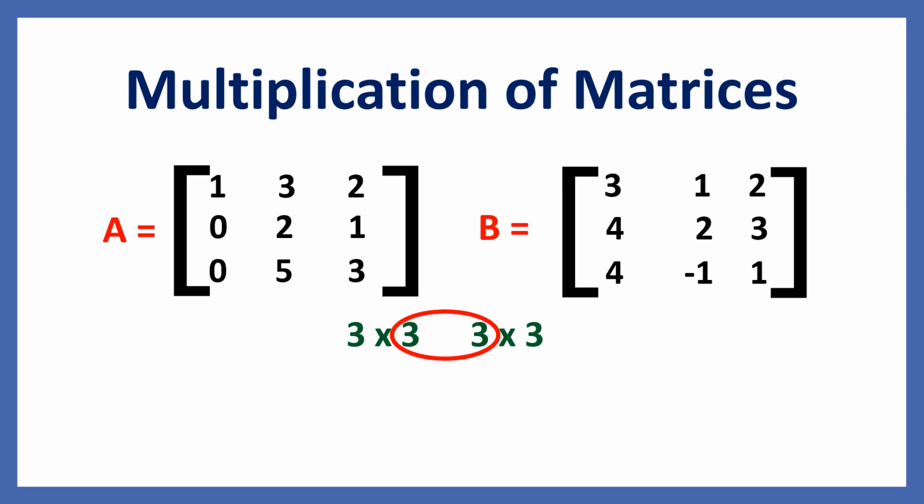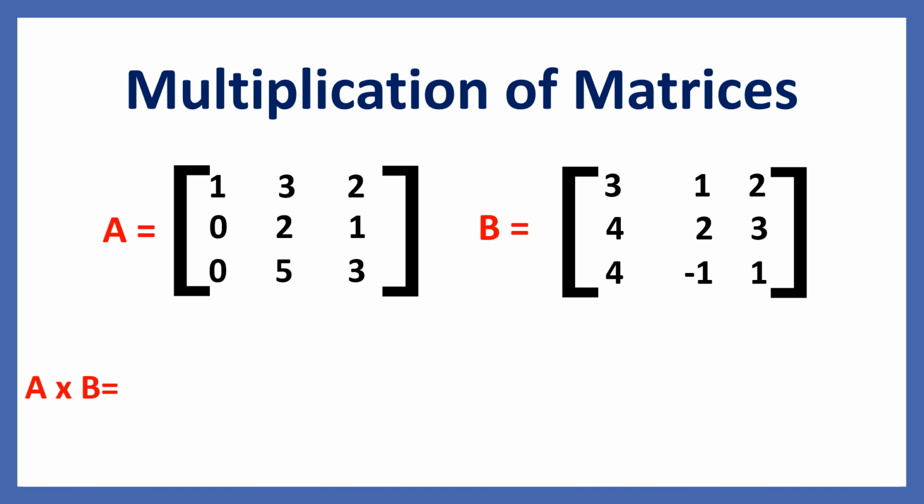So, every time we are going to multiply two matrices, we have to check whether this condition is satisfied. Only if this condition is satisfied, we can proceed with the multiplication. Now, we can proceed with the multiplication in this case.